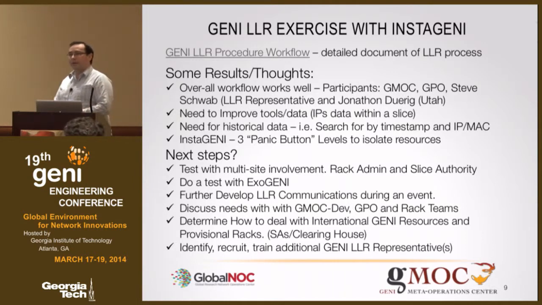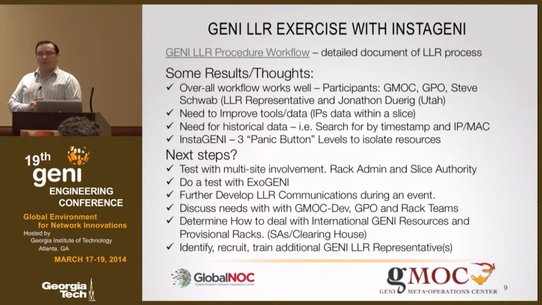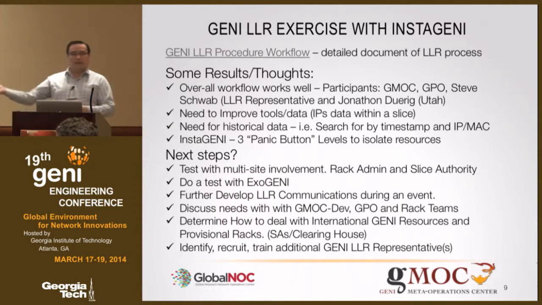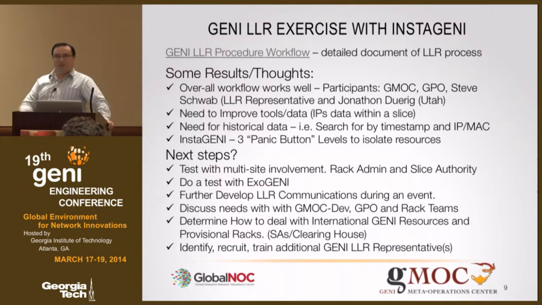In this case with Utah, they're both a GENI aggregate operator, but they're also a slice authority. So doing something with an end site like University of Kentucky or Illinois, or someone that doesn't own their own slice authority as per the GENI does, being able to test with them and see how much back and forth we need to do, or if we need to contact a particular slice authority on their behalf.